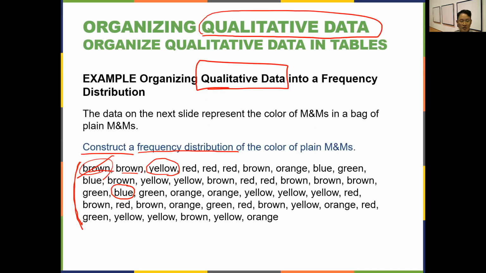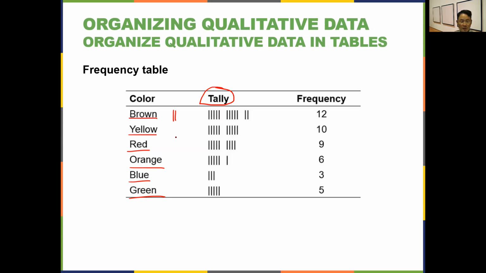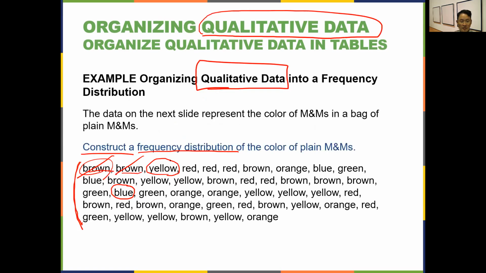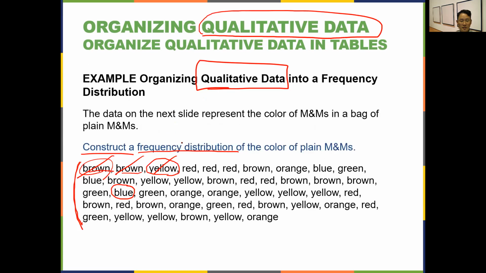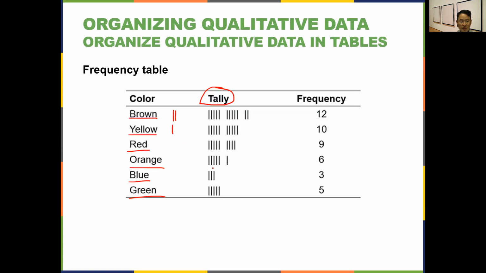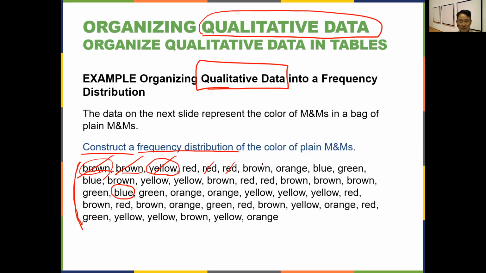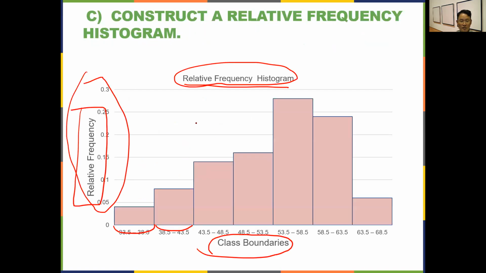The next one was another brown, so you make another bar like that. Next one was yellow, so you make one bar like that. Next one was red, red, red. We have 3 red, so I have 1, 2, 3 red. And one more brown.